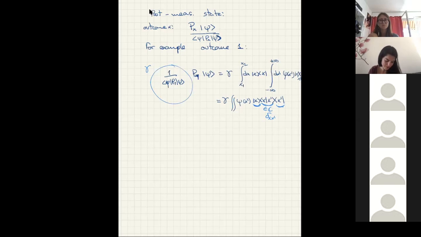So only these terms survive, which means that we have gamma, and the integral goes only from x1 to x2, psi of x, dx.